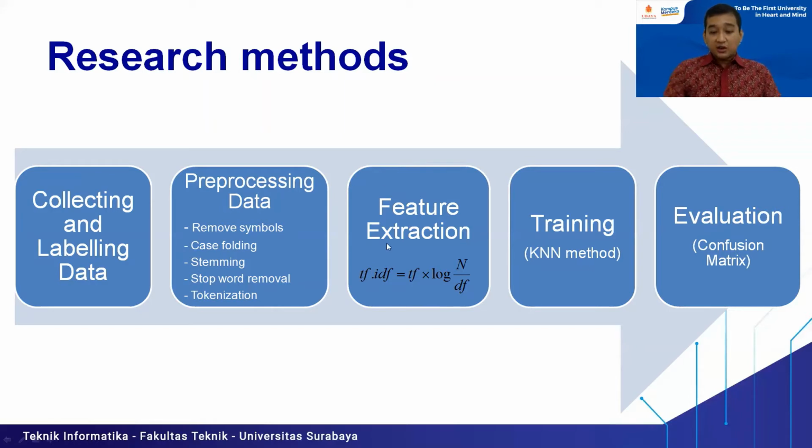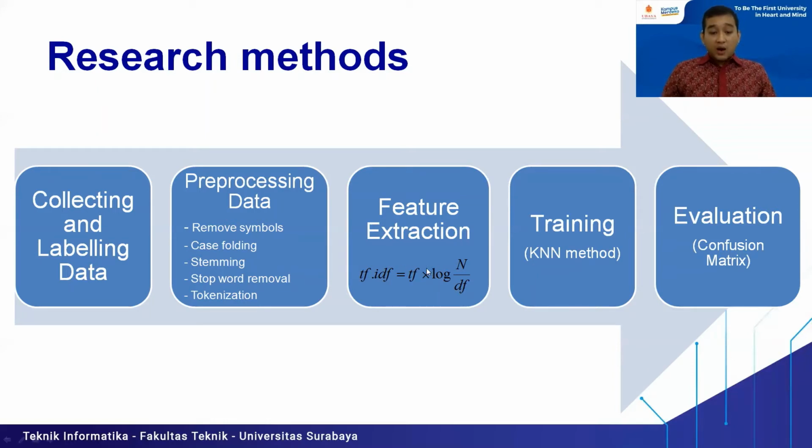Next, feature extraction. For feature extraction, I use TF-IDF. This is the formula of TF-IDF, where TF is term frequency, which is the frequency of occurrence of a word or term in a particular document.